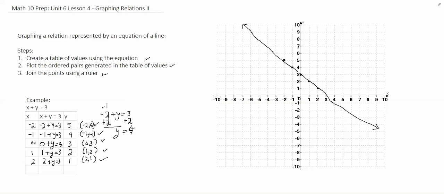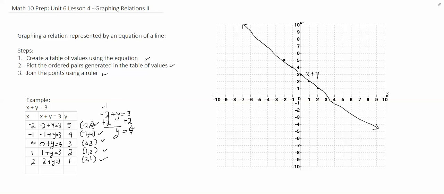Make a nice straight line. So we extend it beyond because we recognize that we've only calculated a few data points. There's an infinite number of data points that would make this equation true, and so there's an infinite number of points on our line.